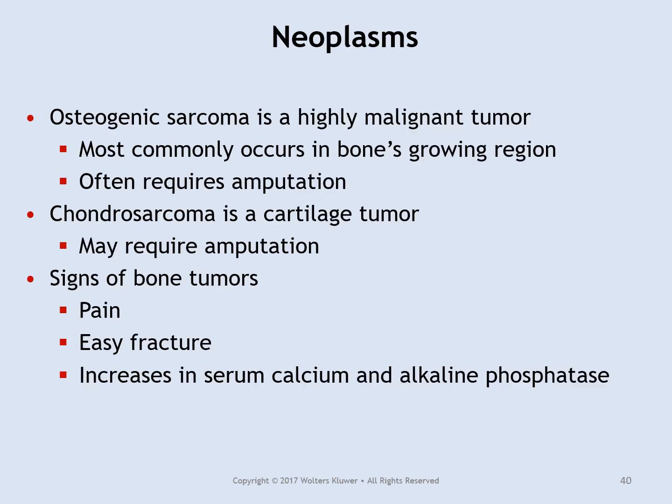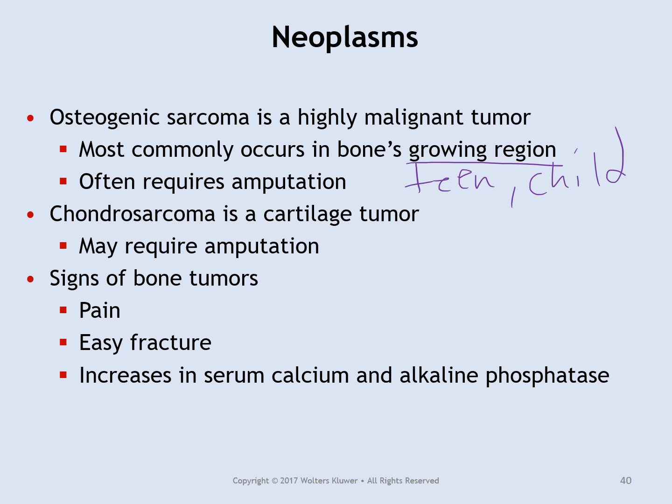Cancer of the bone is not uncommon. And osteogenic sarcoma occurs usually in the growth region around the epiphyseal plate of a bone. So if it's happening in the epiphyseal plate, we know that this is going to happen in a teenager or a child, because you guys are all adults, you don't have an epiphyseal plate anymore.